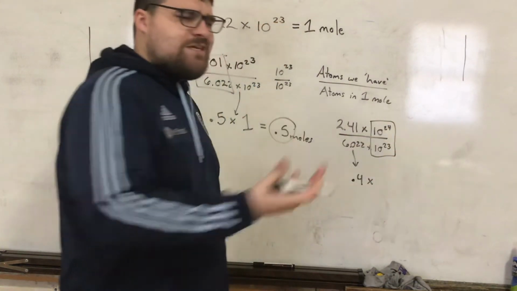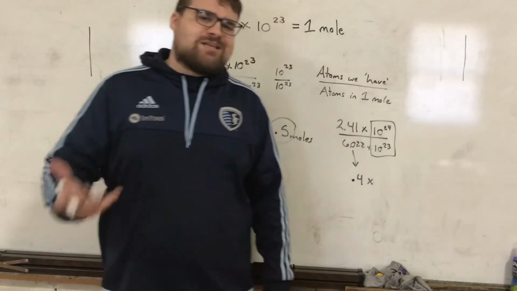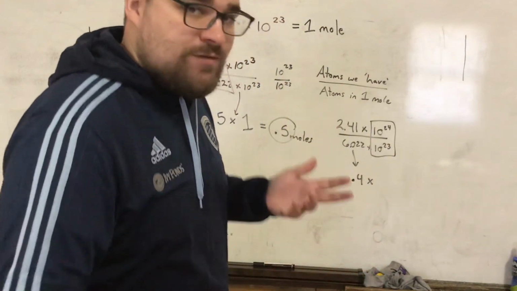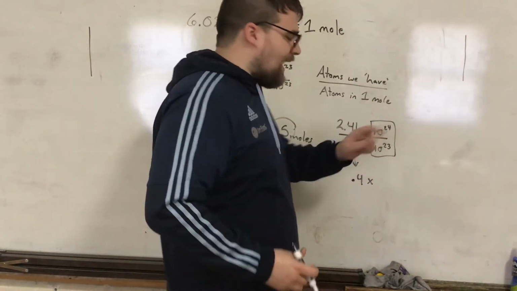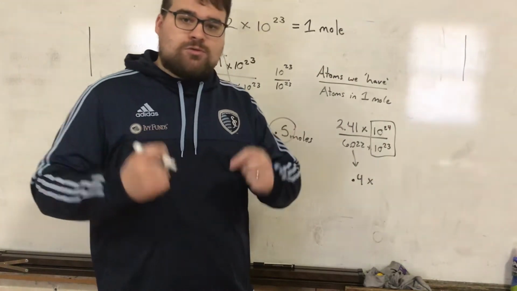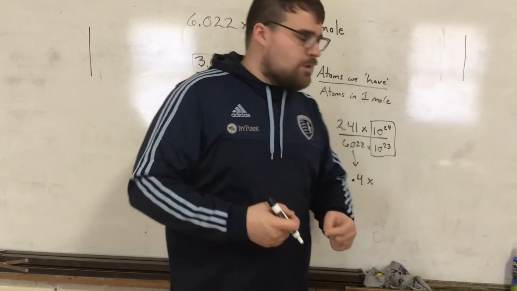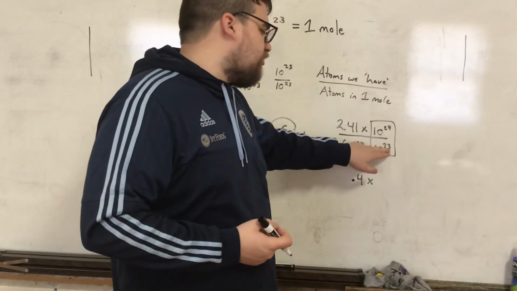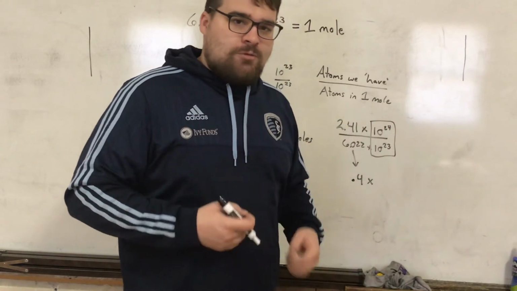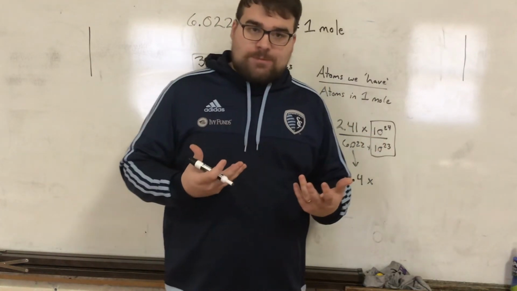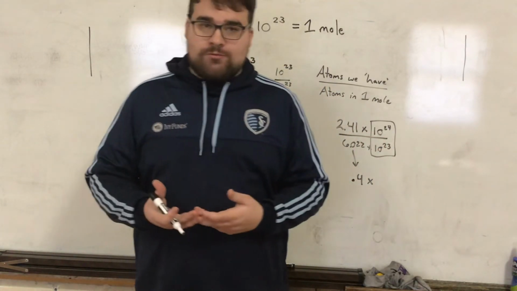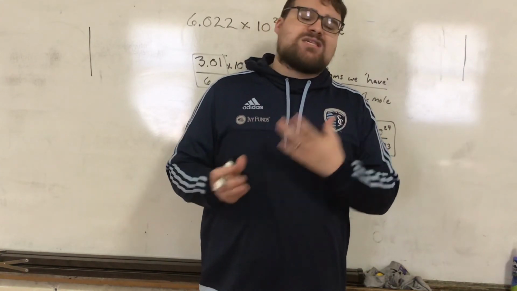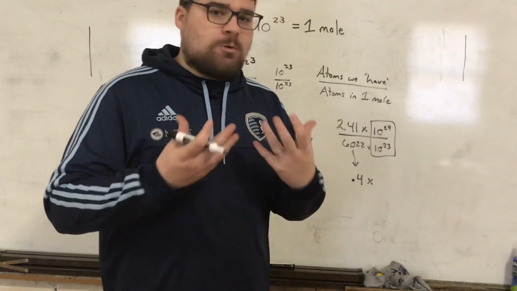Now let's think about what we would get there. 10 to the 24th divided by 10 to the 23rd. It's very similar to dividing variables. We cancel out the exponents when possible. So we have 24 in the exponent on top, 23 in the exponent on the bottom. Whenever we're dividing things with exponents, we can just subtract those, and the difference stays where the larger number was.